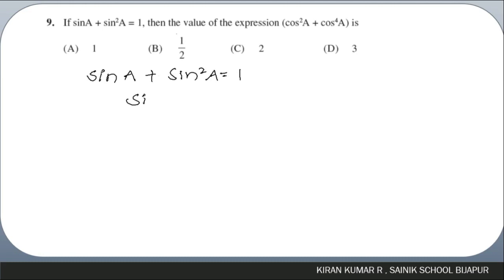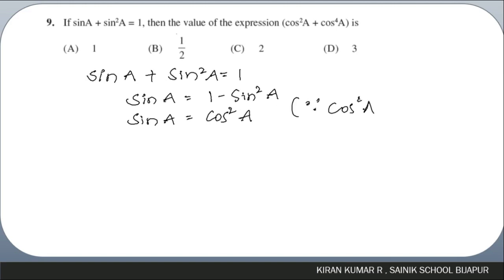From this, I can write sin A as 1 minus sin square A. So sin A is nothing but cos square A because I know the identity is cos square A plus sin square A equals 1. So 1 minus sin square A is cos square A.